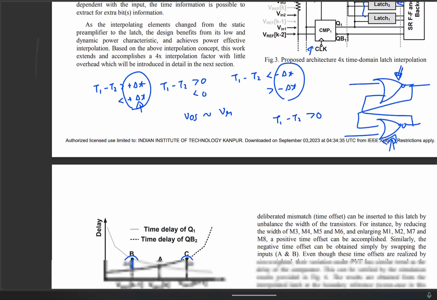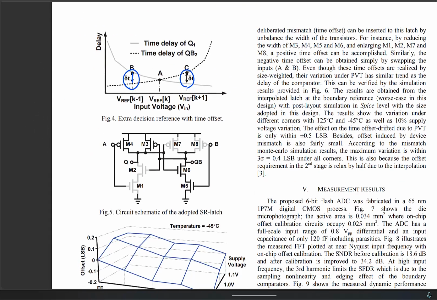So the same thing they do here. So this is basically your cross coupled NOR gate, or this is NAND gate. I think they use NAND based SR, anything is fine. So here what they do is this, I think the ones in gray have a smaller size than the ones in black.